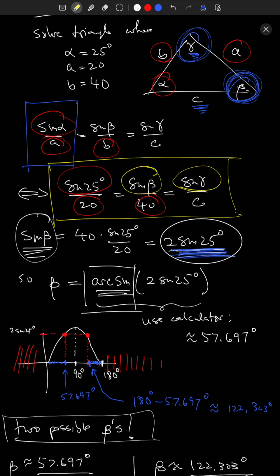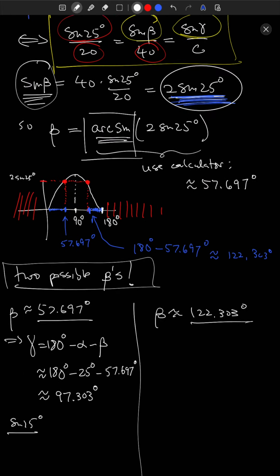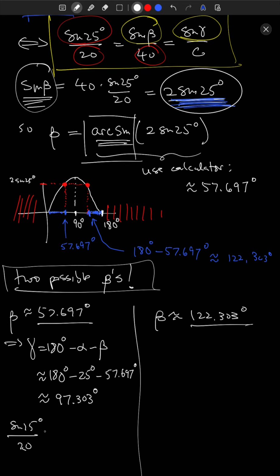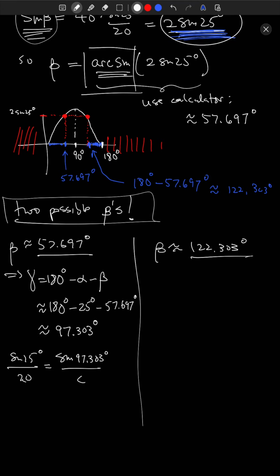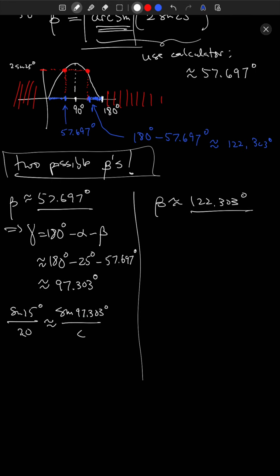All right, so let me copy down the first and last parts there. So sine of 25 degrees over, sorry, I forgot what it was already, 20 is equal to sine of gamma, which is 97.303 degrees, over C. And again, technically, I should use squiggly lines here, because gamma is not exactly 97.303.